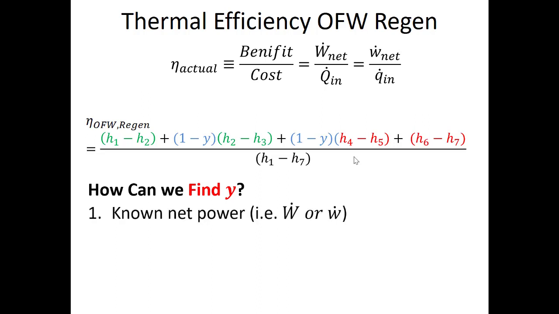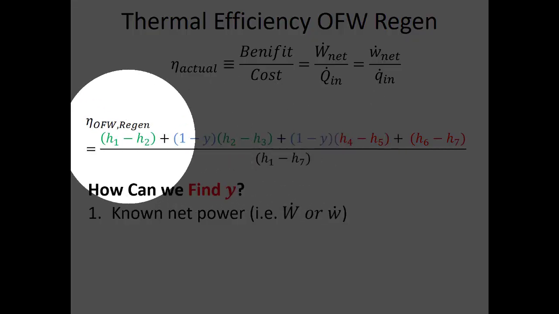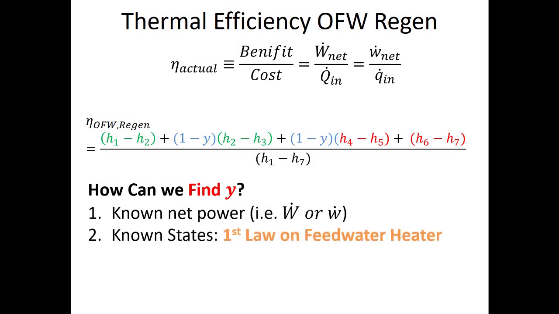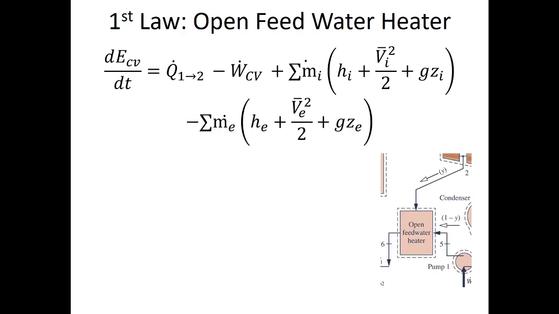If I was told the net power, if I knew the numerator here and I could fix all the states, then I would have an expression where the only unknown is y. But oftentimes, if I'm trying to find a mass flow rate, I'm going to look for some kind of heat exchanger. We saw that on the second test, where we could find the mass flow rate of the cooling water by doing a first law analysis on that condenser, when we knew something about both sides of the condenser.